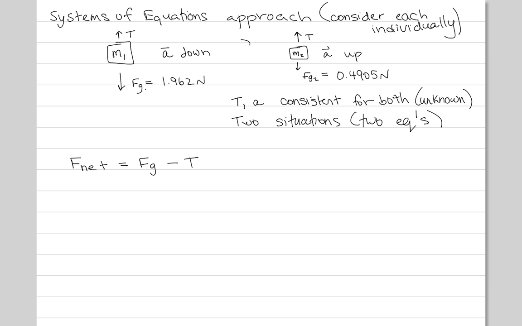You're going to have basically like this. So what's the other one going to look like? F net is going to be, which one's bigger? T, because it's going up. So on this side, you'll have T minus Fg2. So then you can just treat it like a math problem. Okay?